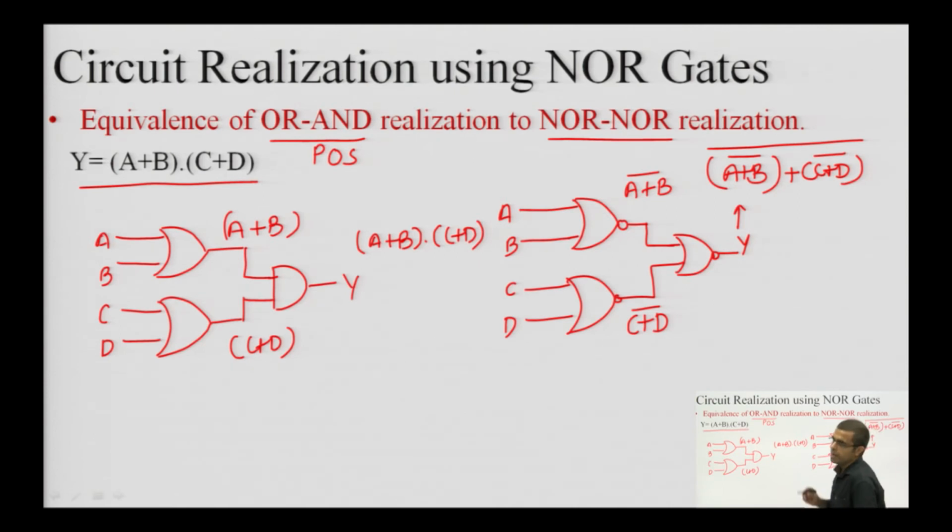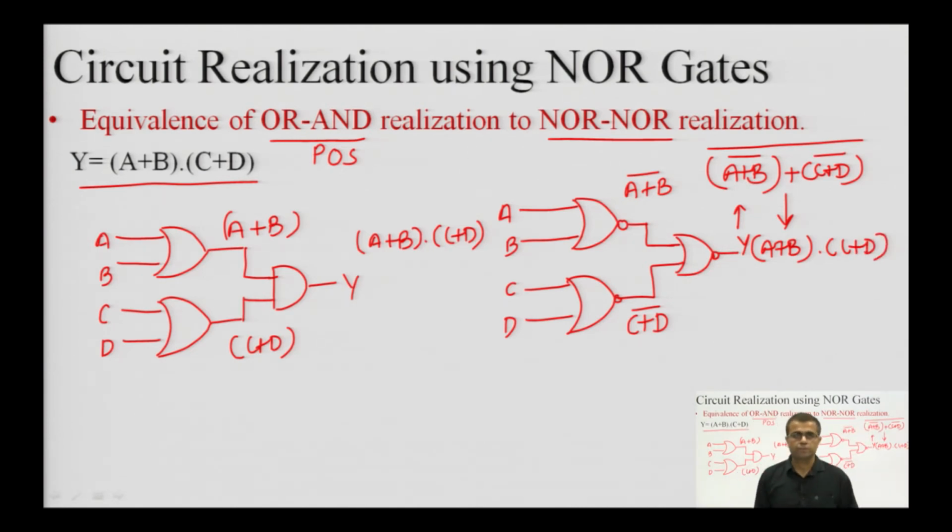So, if I apply De Morgan's theorem on it, then I can check that this translates to A plus B into C plus D, because these double complements will be cancelled out. So, I can see that both these structures are exactly similar. That means, I can use NOR gates in place of OR gate and AND gates both.